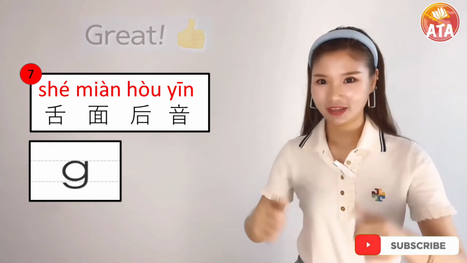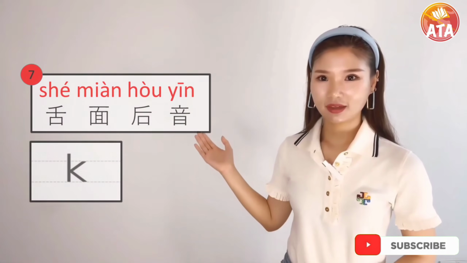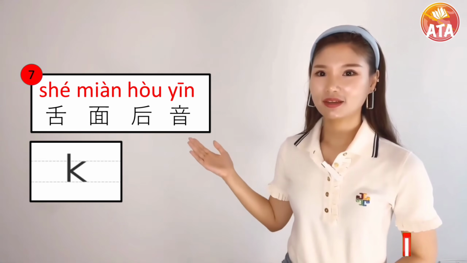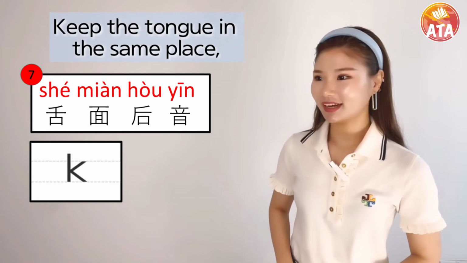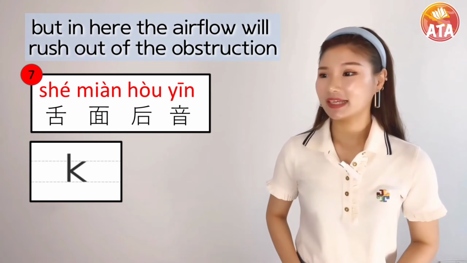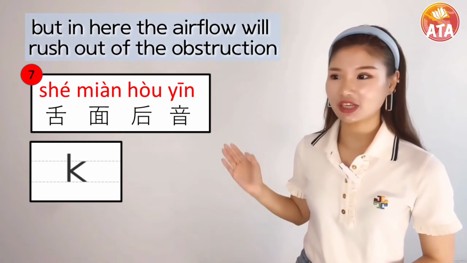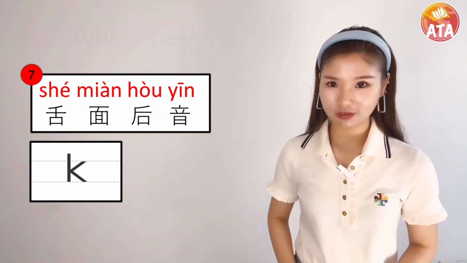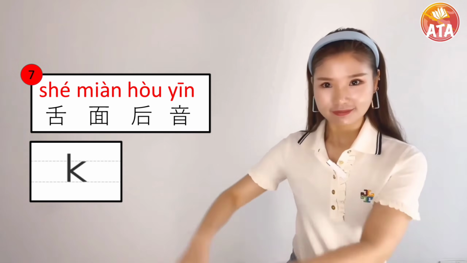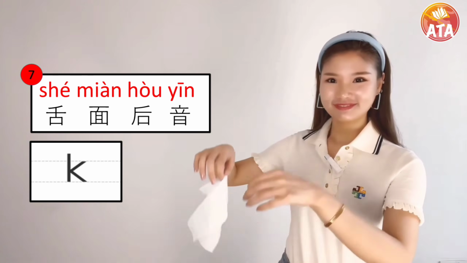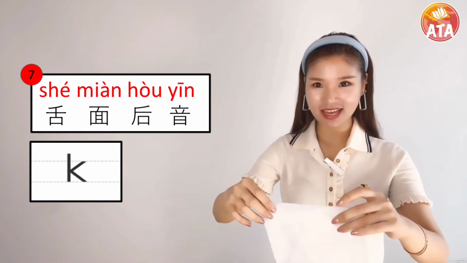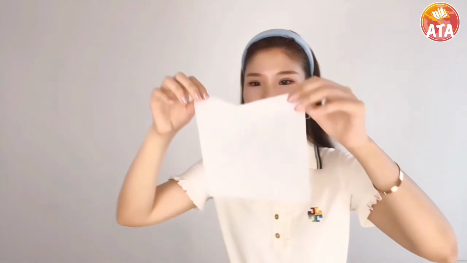G. Great. K. Keep the tongue in the same place, but here the airflow will rush out of the obstruction more strongly, which means the tissue test. Let me show you first.